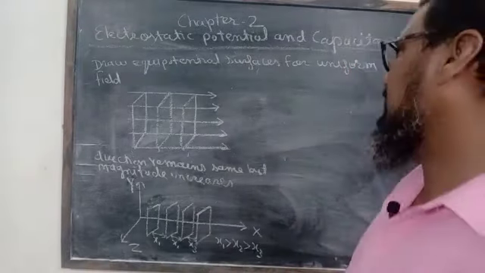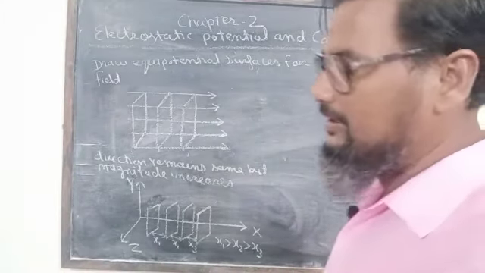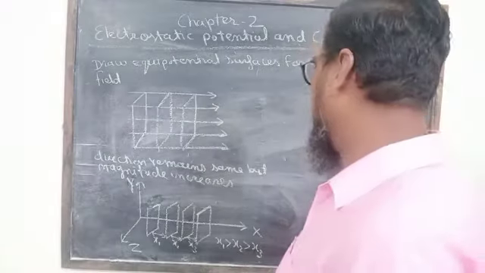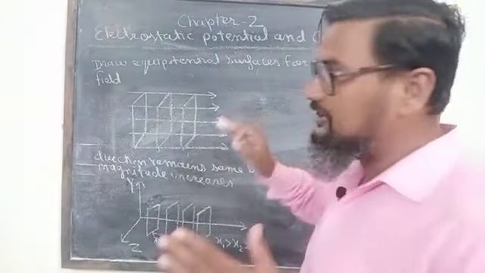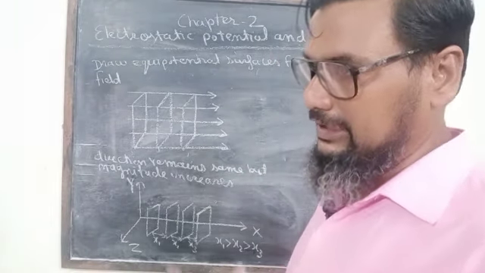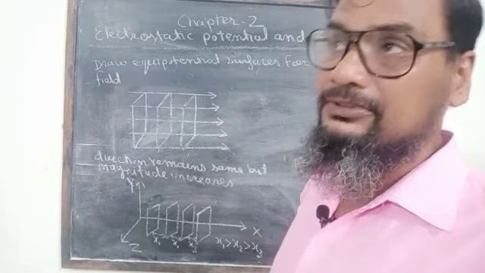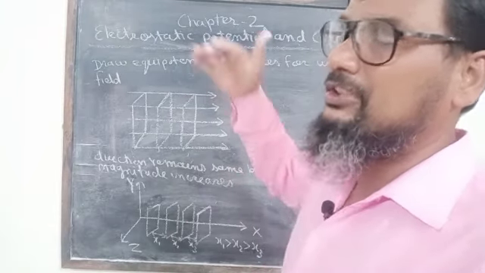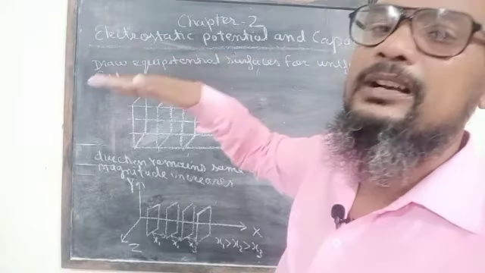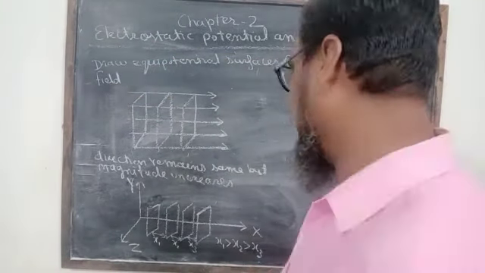And for the case of a grid, when a grid of charge lines is placed, then initially the shape of the equipotential surface is curved, but as the separation or distance increases, the equipotential surfaces become planar to one another.